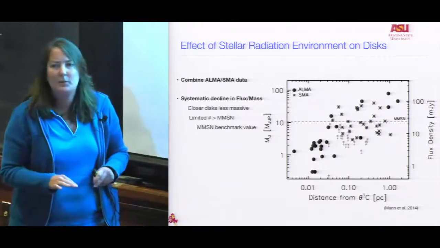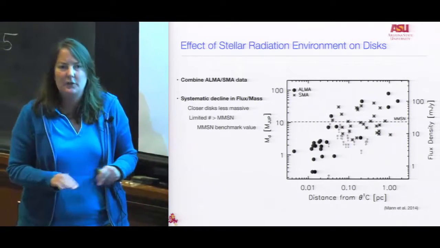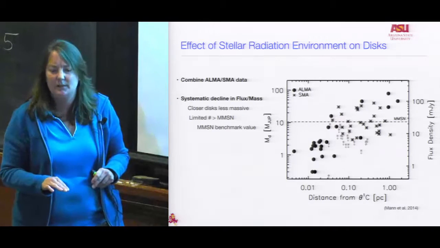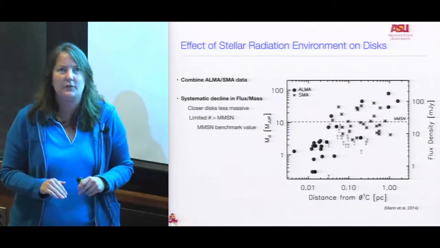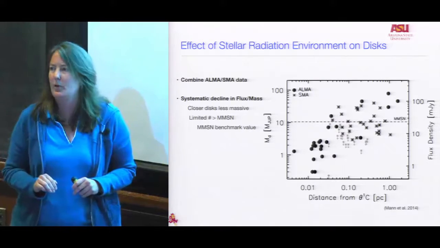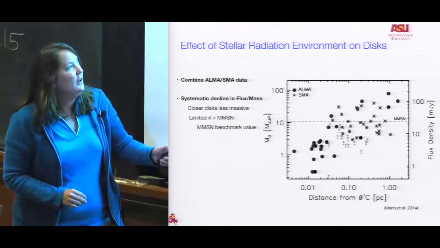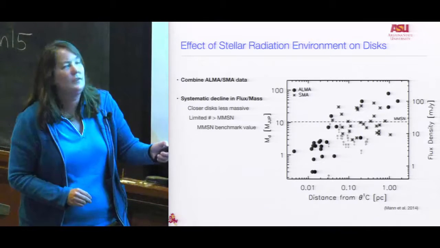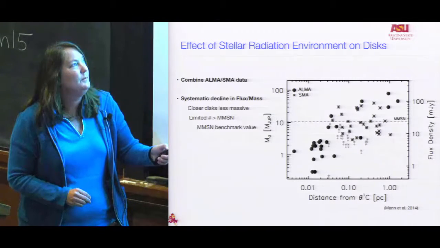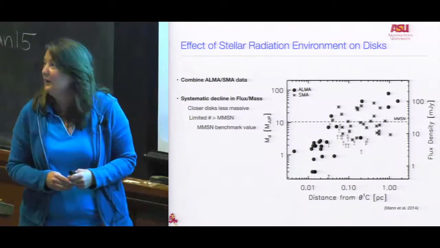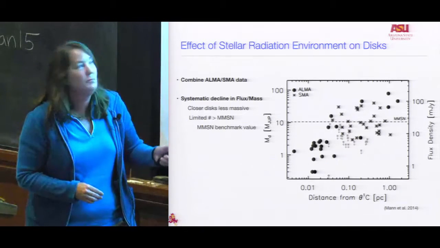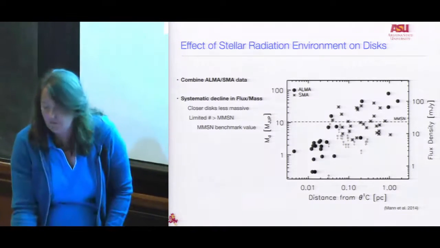And so this minimum mass solar nebula benchmark value is used, which is essentially the amount of solar composition material that would be required to form our solar system. And so you can see that further from the central O star, there are certainly objects with that capacity, whereas closer in there's a total lack of such massive disks.